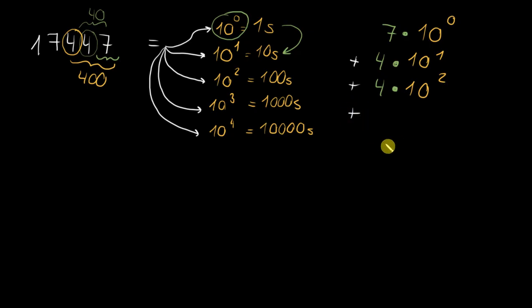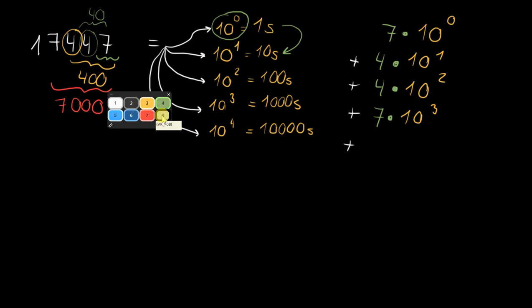Now we continue on. How many thousands do we have in this number? We have 7,000, so we write the number 7 times 10 to the power of 3, and that's our 7,000 in the decimal system. Now the last one, how many 10,000s do we have?